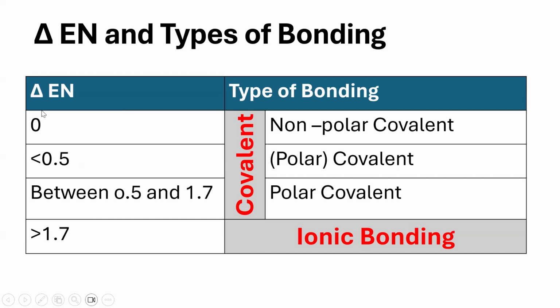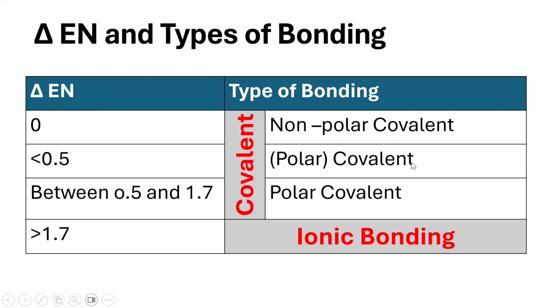So if the value of the electronegativity difference is 0, this is a non-polar covalent bond, or a pure or true covalent bond. If the value is more than 0 and less than 0.5, it's a slightly polar covalent bond.